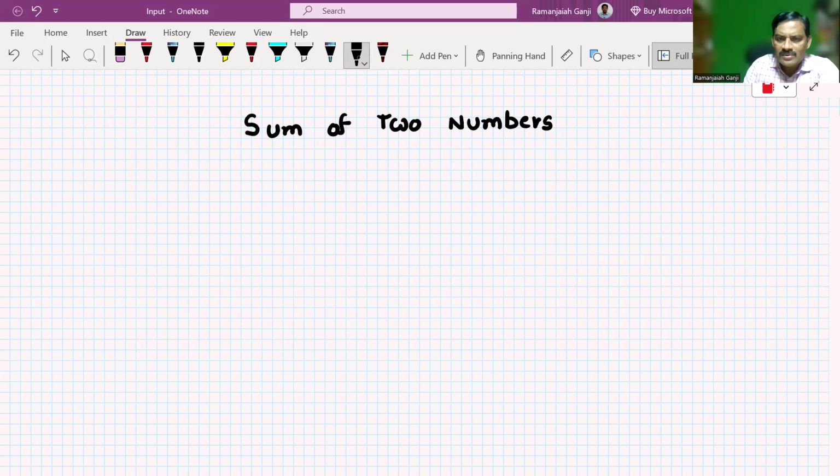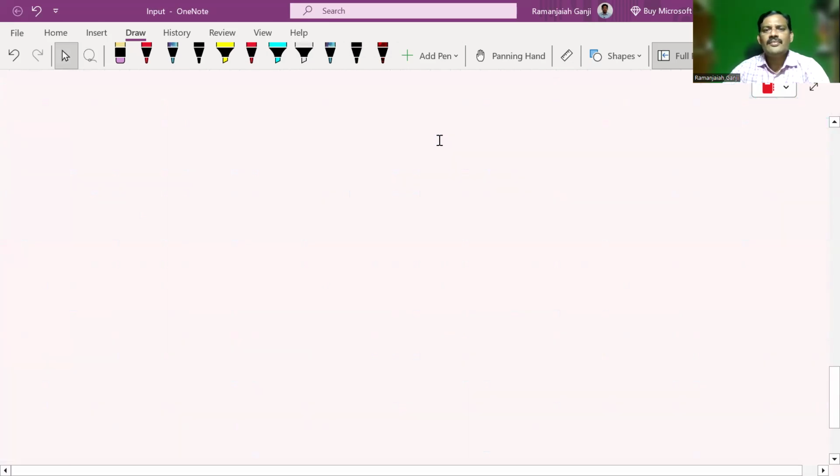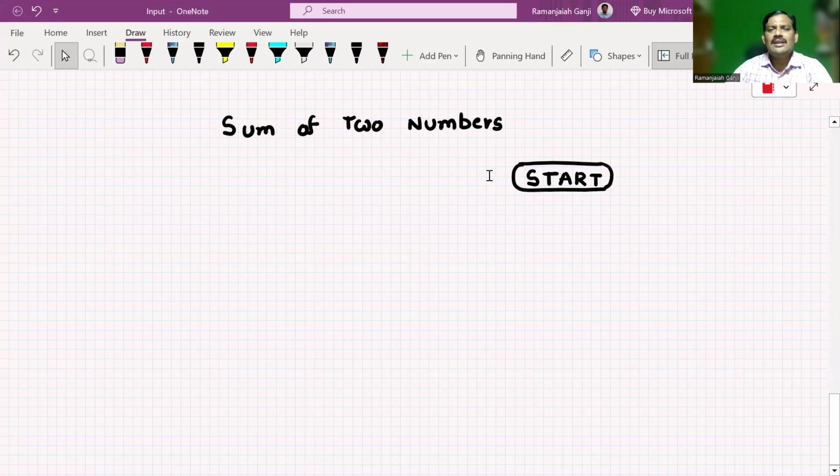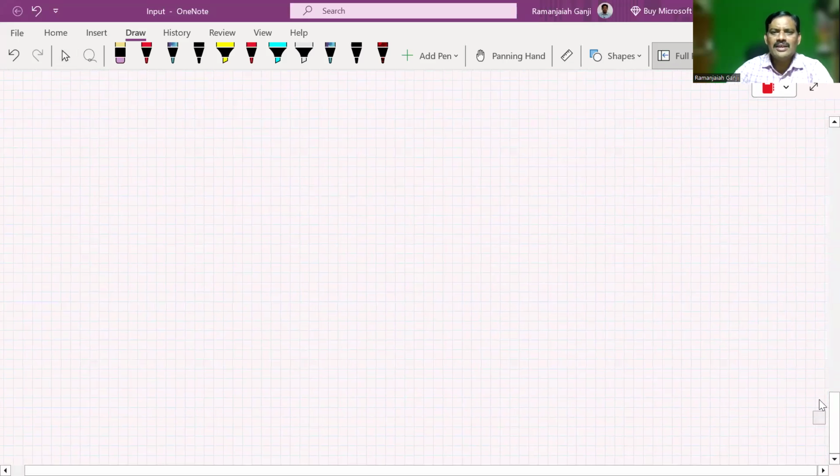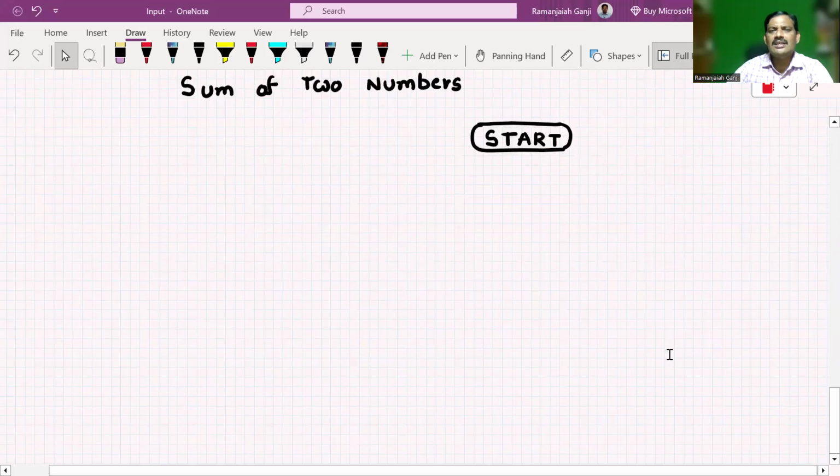First, write down the content rather than the symbol. Start. What is the symbol? A rectangle with rounded edges is for start.